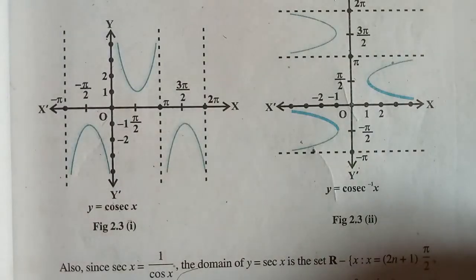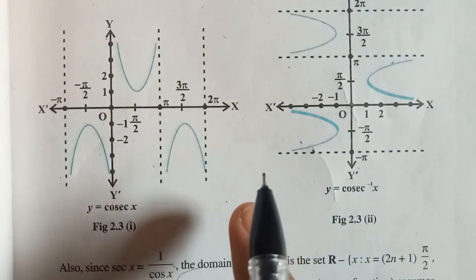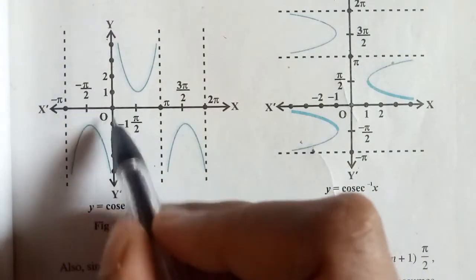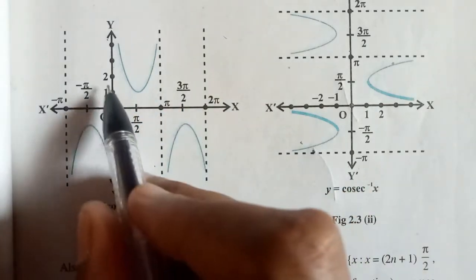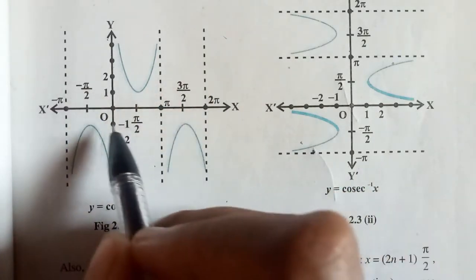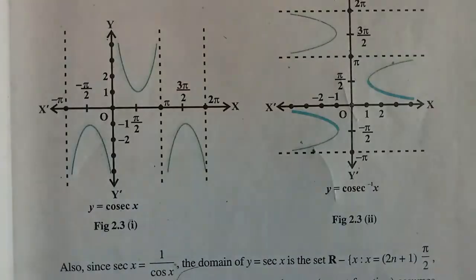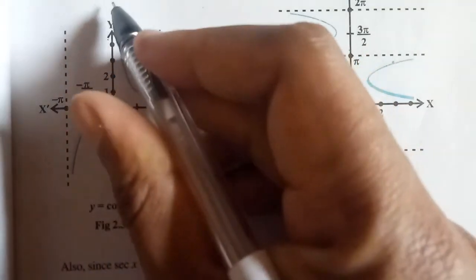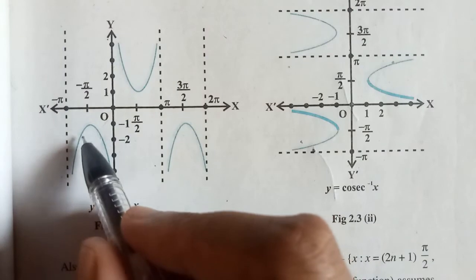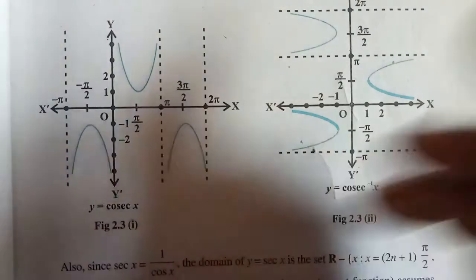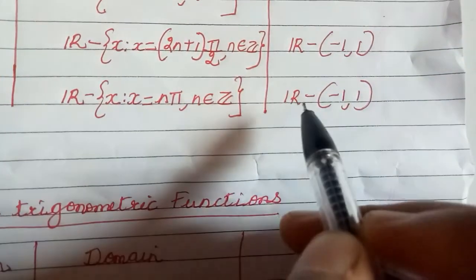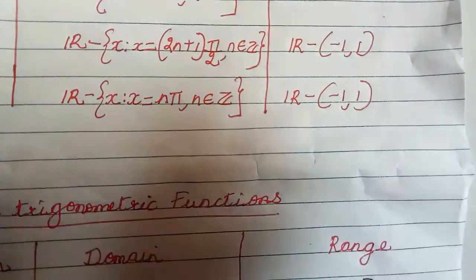You can see that the part between minus 1 and 1, in this rectangle, has nothing. But it takes all other real values, going up and down infinitely. That's why the range is defined to be R minus the open interval minus 1 to 1.